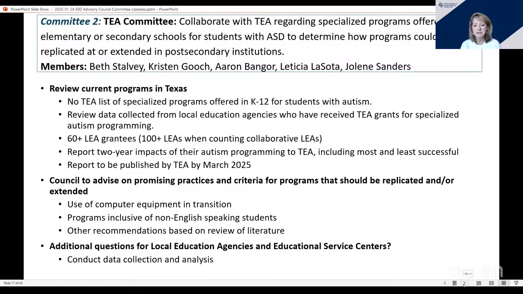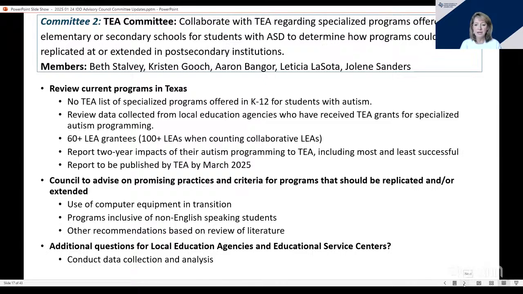And then I think there are a lot of other recommendations that would come from this committee, from the report that we have already produced, and some other discussion, and then other best practices that might come from a review of the literature. And so I think the committee has a question about whether or not we want to stop there with what already exists, or would there be additional questions that we have to be able to talk about replication or extension?